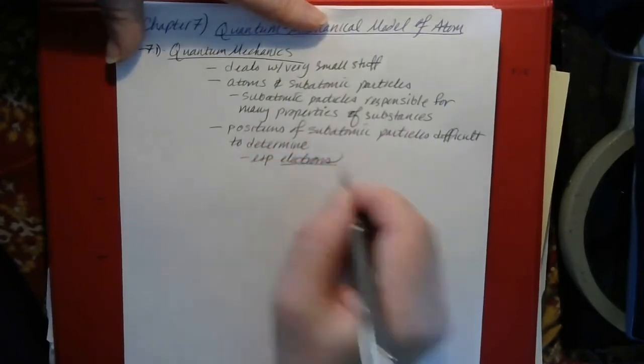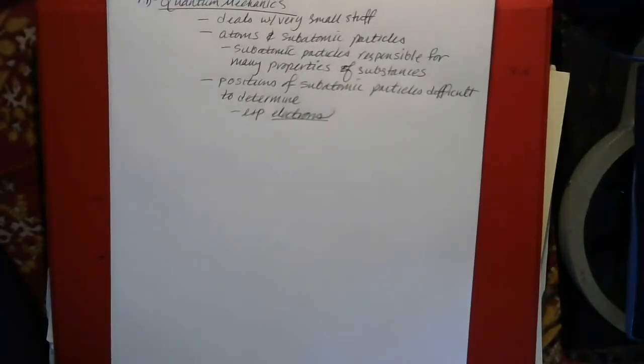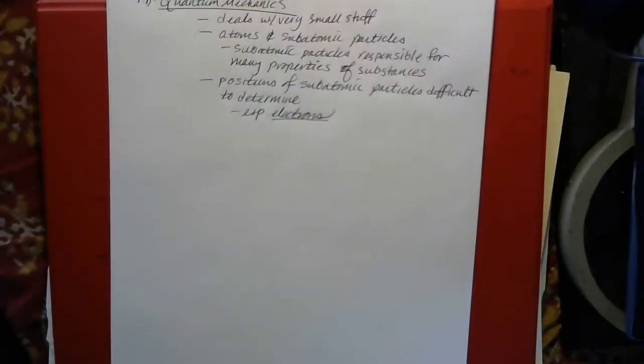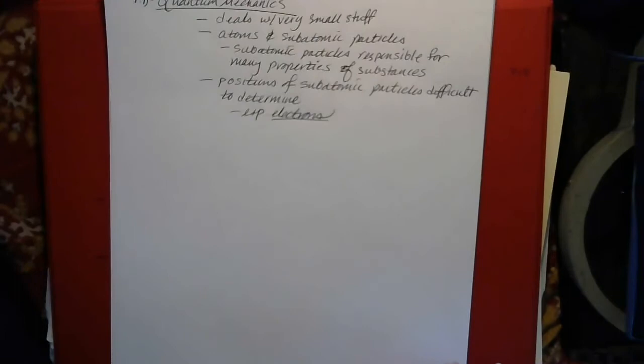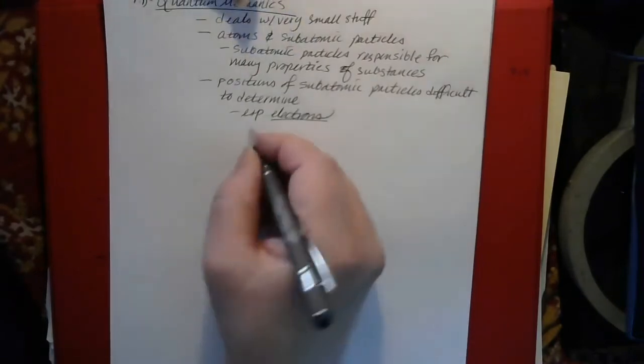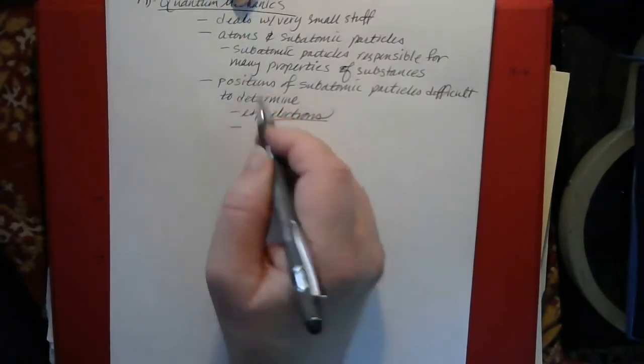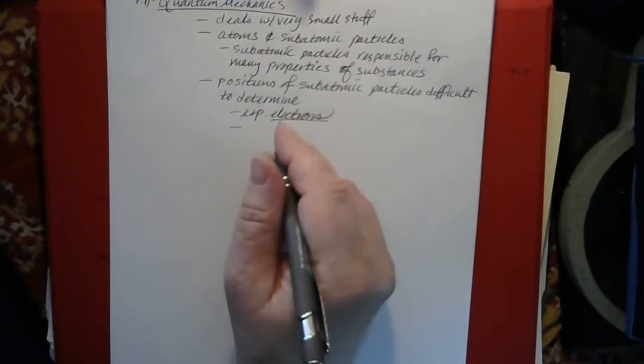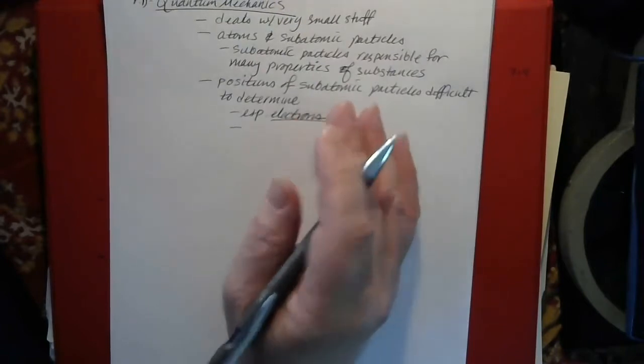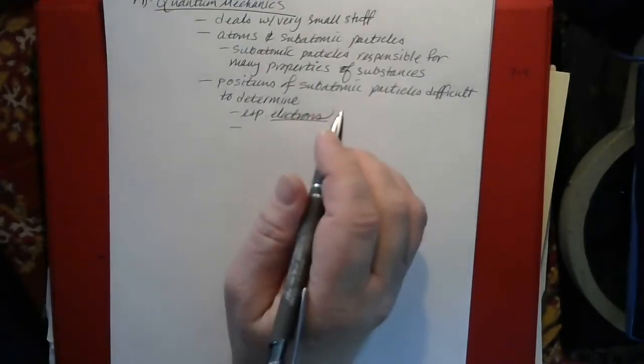That's especially true for electrons because electrons are so much smaller than protons and neutrons. That makes their behavior so much more unusual by everyday standards, as opposed to protons and neutrons. The reason that these can be so difficult to determine is that we normally rely on visible light bouncing off an object.